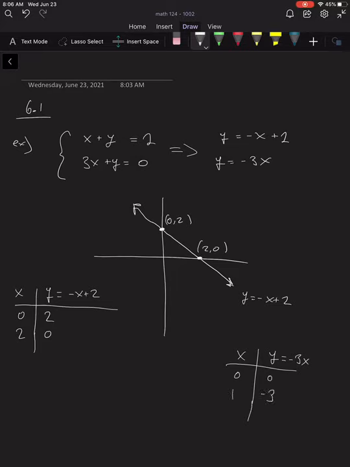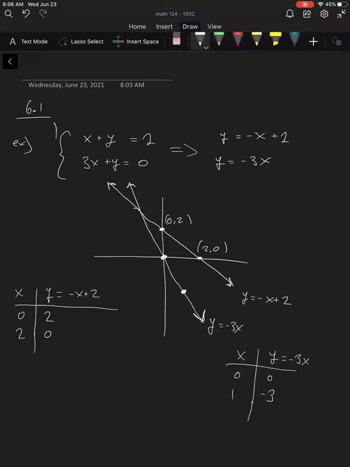So we have those 2 points: 0, 0 and 1, minus 3. Let me draw them. Okay, here's this line. So this line down here is y equal to minus 3x.